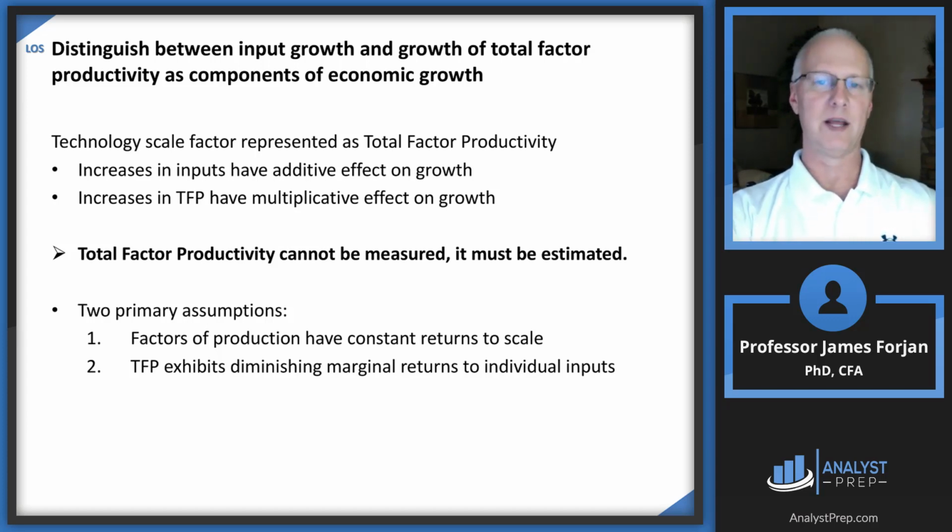But if there's better technology, they can get maybe 3 times the work done or 4 times the work done. So that's the difference between additive and multiplicative. Now, the problem is that TFP is really hard to measure, and so it must be estimated using some returns to scale and diminishing marginal returns.